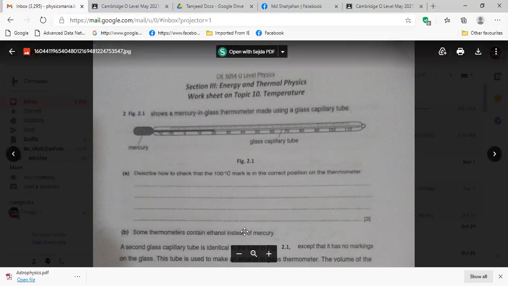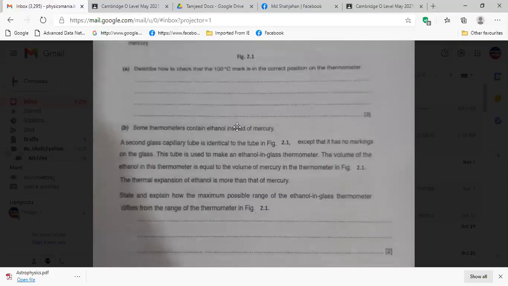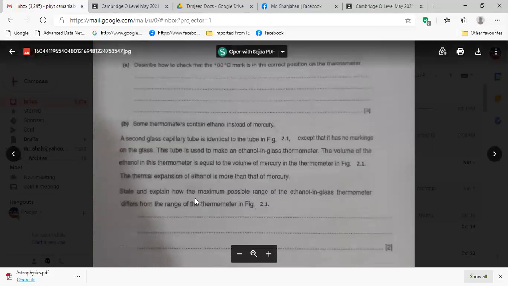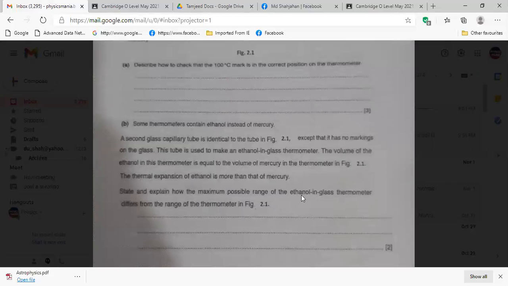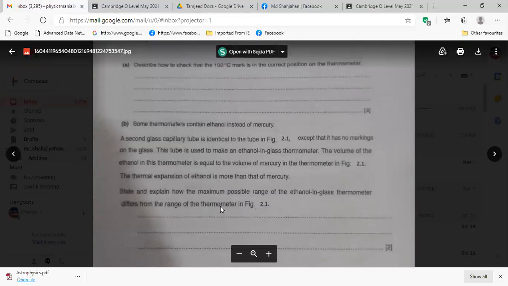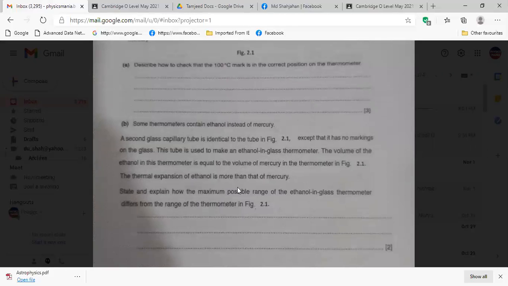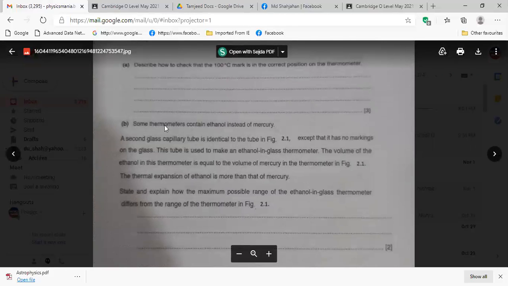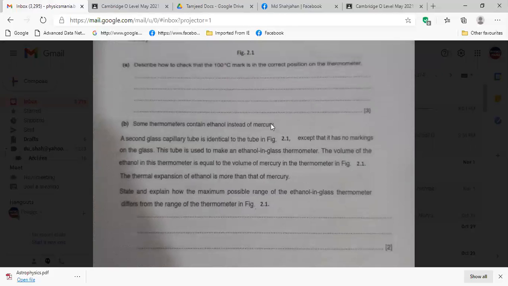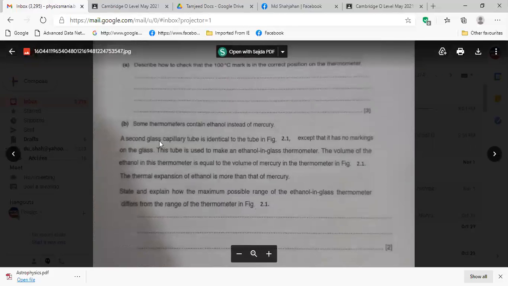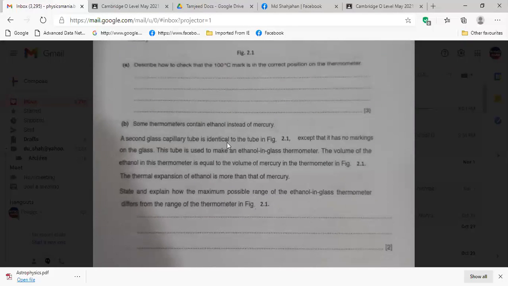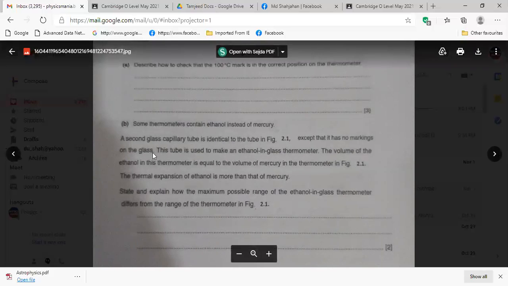So the other part you see here: state and explain how the maximum possible range of the ethanol in glass thermometer differs from the range of the thermometer in figure 2.1. They are saying some thermometers contain ethanol instead of mercury. The second glass capillary tube is identical to the tube in figure 2.1 except that it has no markings on the glass.